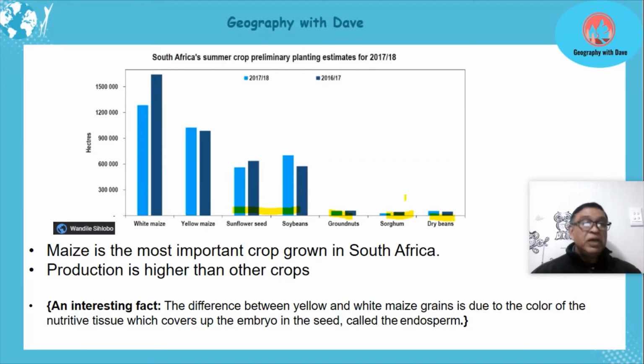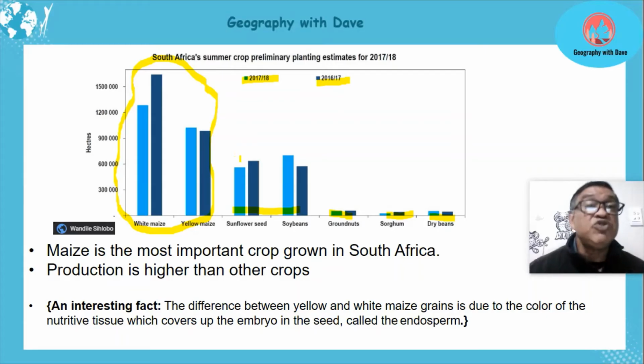Look at maize here, learners. Look at maize. This was for 2017, 2018. So if we look at it here, the light blue is for 2017, 2018. And of course, the dark blue is for 2016, 2017. But that's not the main issue here.